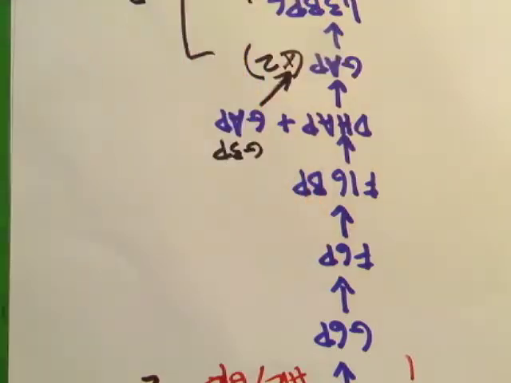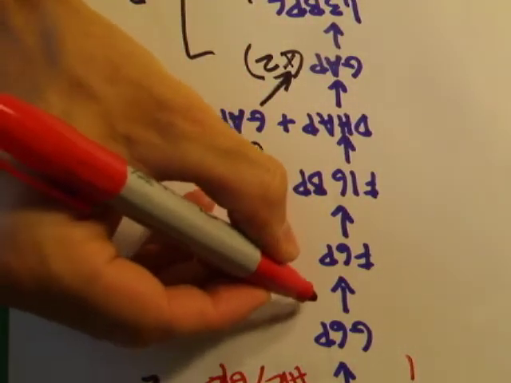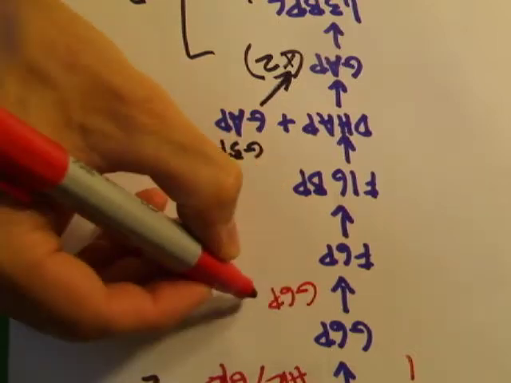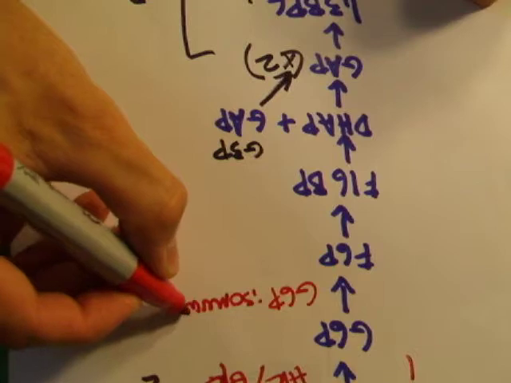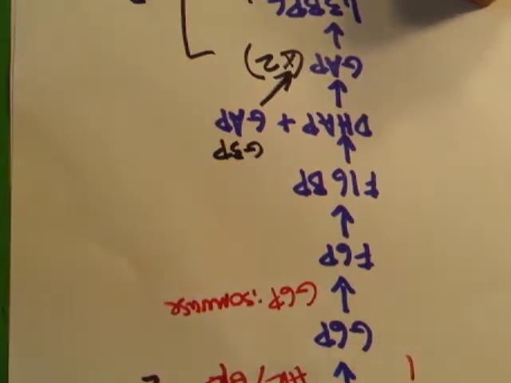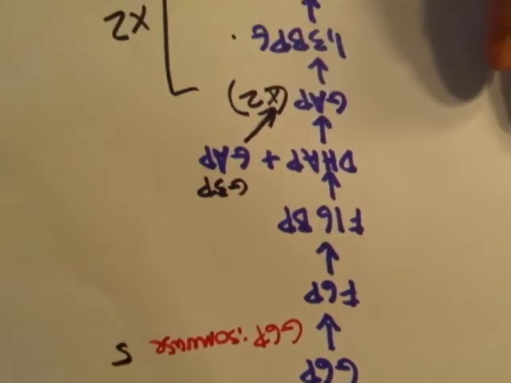Glucose 6-phosphate into fructose 6-phosphate is done by glucose 6-phosphate isomerase. Obviously it's an isomerase, which is class 5.